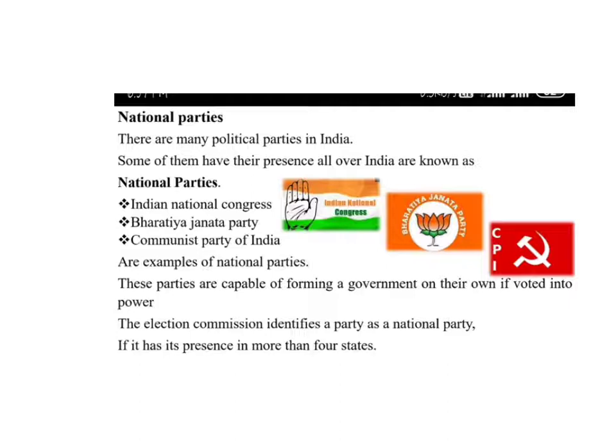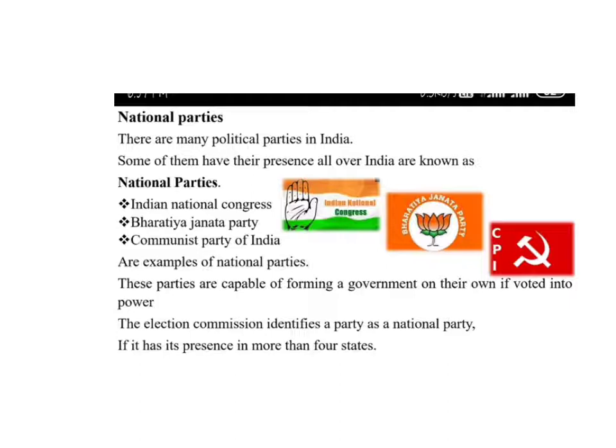The Election Commission identifies a party as a national party. As I discussed earlier, the Election Commission of India gives recognition, gives the symbols, and allots the seats to the candidates of a political party which wants to contest the election.